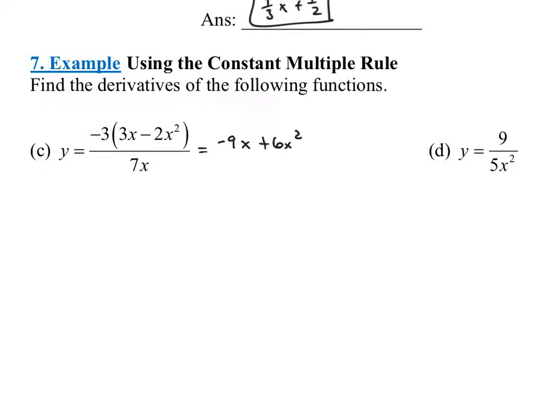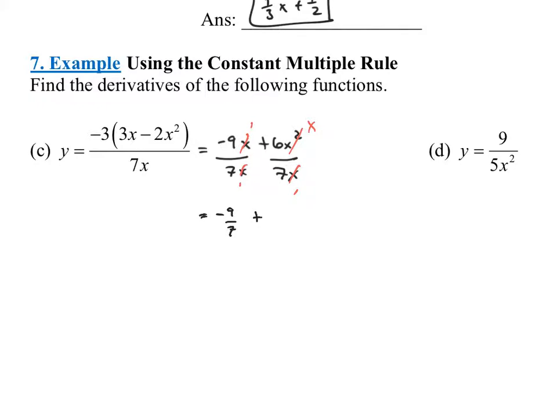And then what I'm going to do is I'm going to divide each one of those terms by 7x. Why did I decide to do that? Well, the reason I decided to do it is because it is a single term in the denominator. And when it's a single term in the denominator, I like trying to separate and simplify. And let's see if that works well, because what I would have, well, the x's would simplify in this first one, and the x squared and the x would simplify in the second one. And in the first term, I'd have negative 9/7, and that's it.